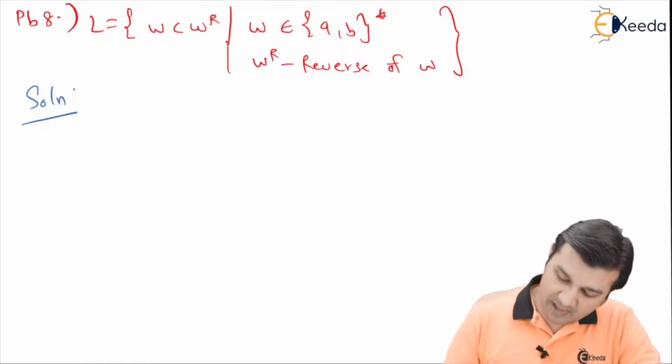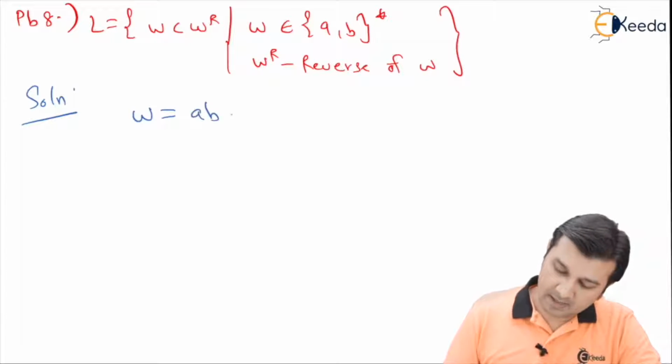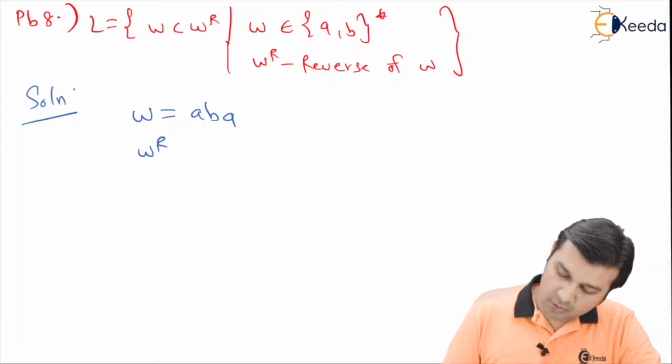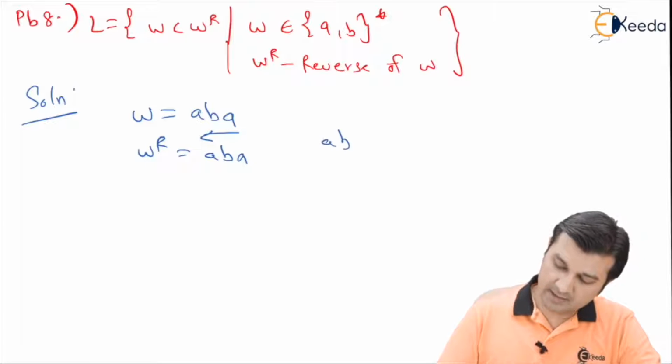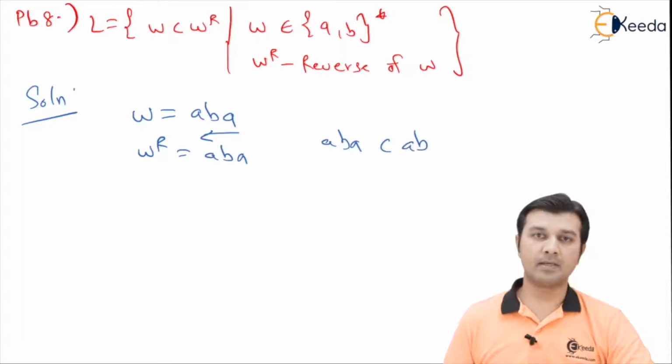So for example, if I have W as aba, my W^R is going to be exactly vice versa, that is aba. So the string will be abacaba.